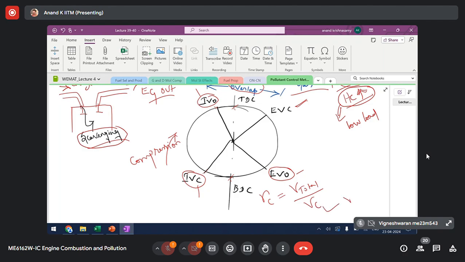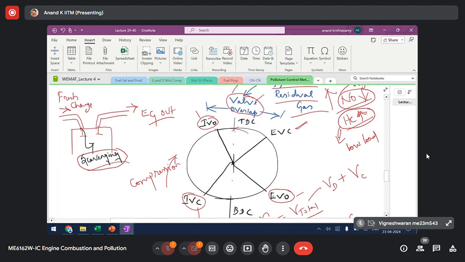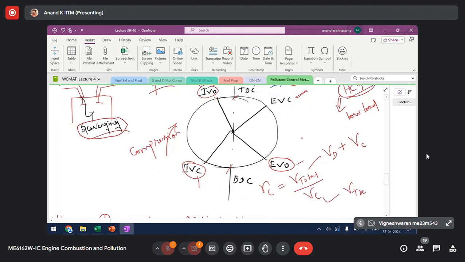This clearance volume is the volume when the piston is at top dead center. Total volume is VD, displacement volume, plus clearance volume, which is the volume at TDC. So basically we calculate compression ratio based on the TDC and BDC volumes, but actually compression won't start here. When the piston moves up from BDC, the compression process is not going to start here.